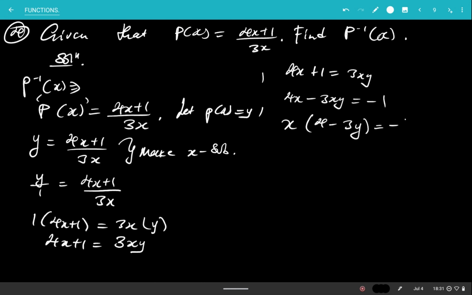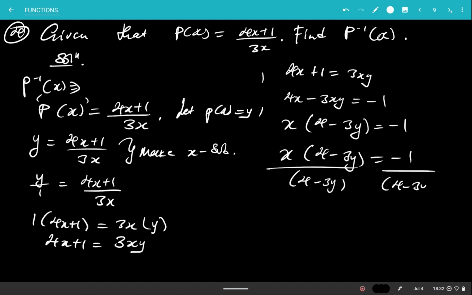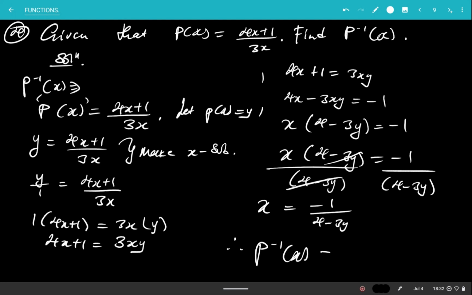That is going to be equal to minus what? 1. Now, since we're looking for x, having x open brackets 4 minus 3y close is not the final answer, so we divide both sides by what we have in our parentheses, and this would be 4 minus 3y. So that cancels with that, and you have x being equal to minus 1 over 4 minus 3y. Therefore, when you substitute, remember p inverse of x, wherever I see y, I put x, minus 1 over 4 minus 3x. So that's the final answer.